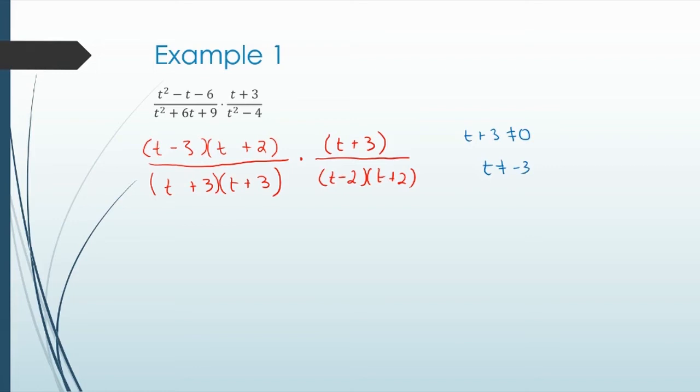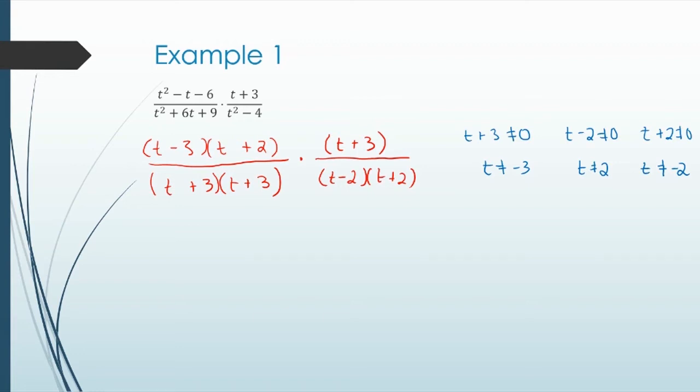Second fraction, I've got t minus 2 and t plus 2. So t minus 2 cannot equal 0, and when you add 2, that gives you t can't be 2. And then t plus 2 is not equal to 0, which gives you t is not equal to -2. So we've got 3 things there that we need to just keep an eye on what we cancel out, so that we know what we have to list when we go through the domain.